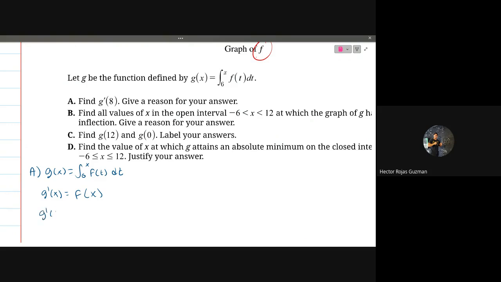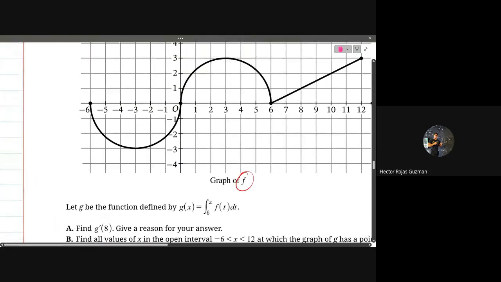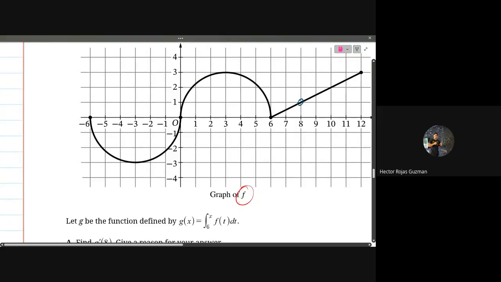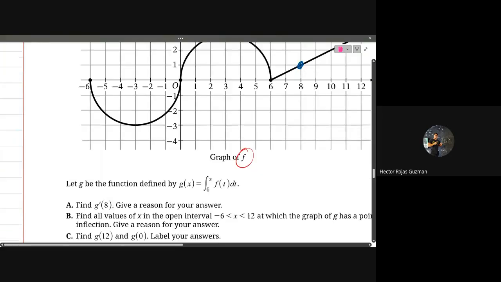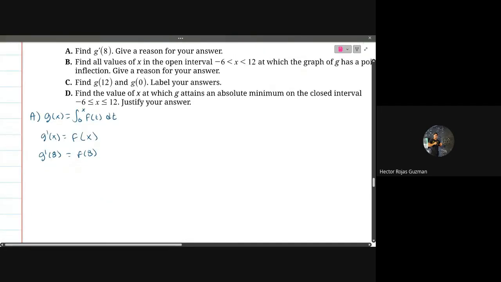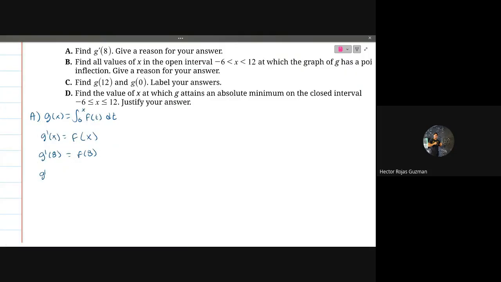So if I want to find G prime of 8, I also have to find f of 8. That I can do on the graph. F of 8 is 1. Which means that G prime of 8 is 1. You get 1 point for the answer, and you get 1 point for applying the fundamental theorem of calculus.